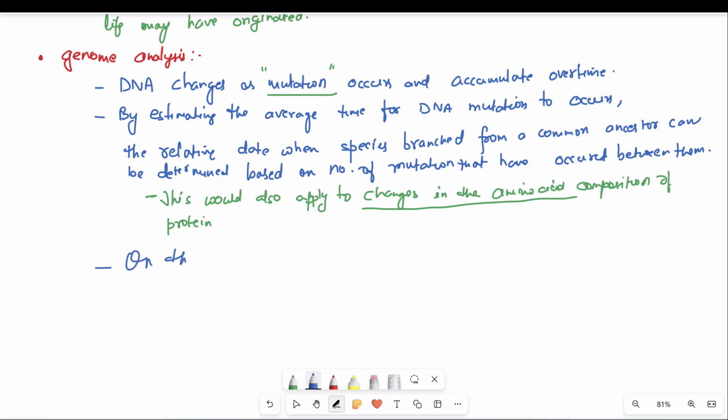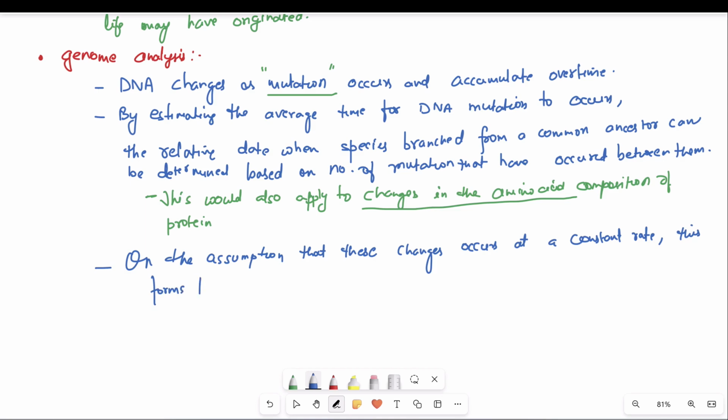So, we can say on the assumption that these changes occur at a constant rate, this forms the basis of a molecular clock. With this, you can also predict.